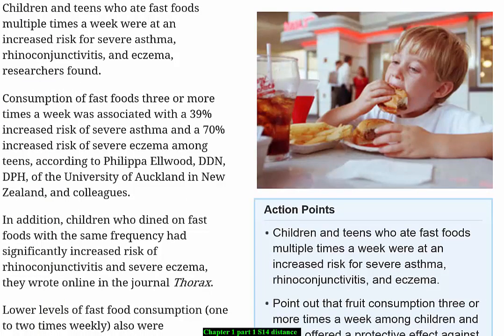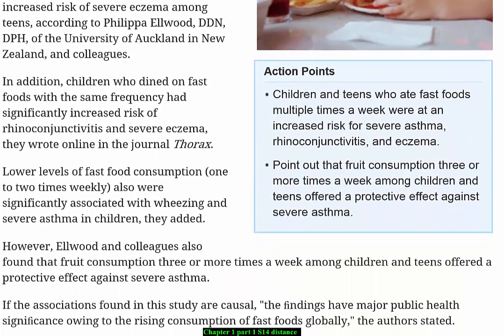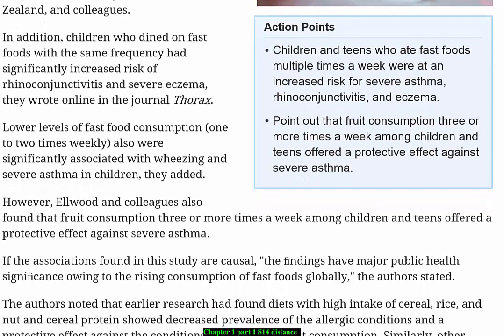Consumption of fast foods 3 or more times a week was associated with a 39% increased risk of severe asthma and a 70% increased risk of severe eczema among teens, according to Philippa Ellwood of the University of Auckland in New Zealand, and colleagues. So it goes through a couple of other points here.